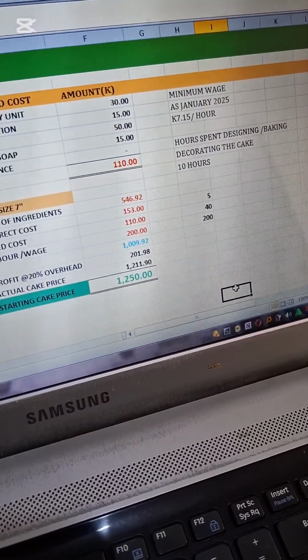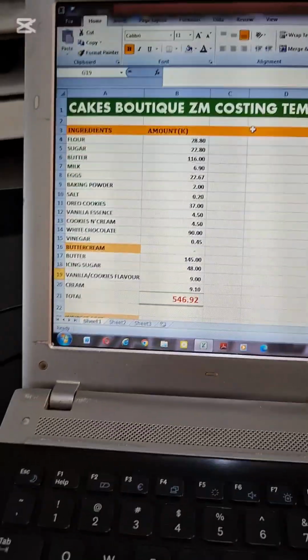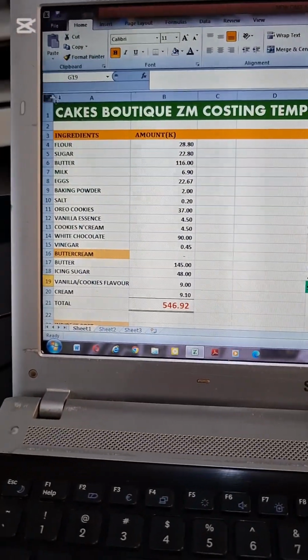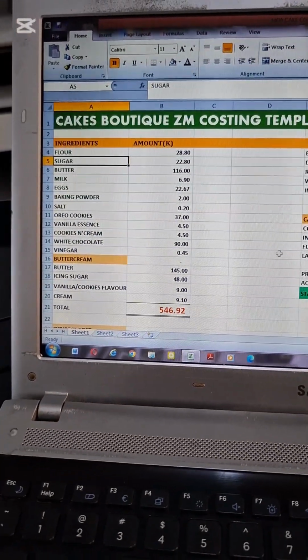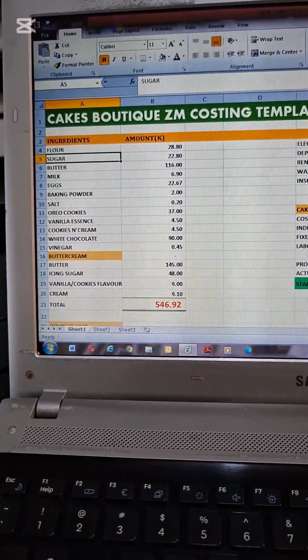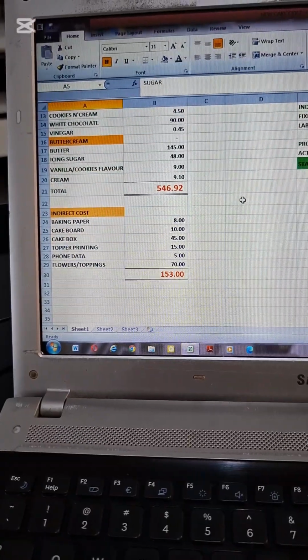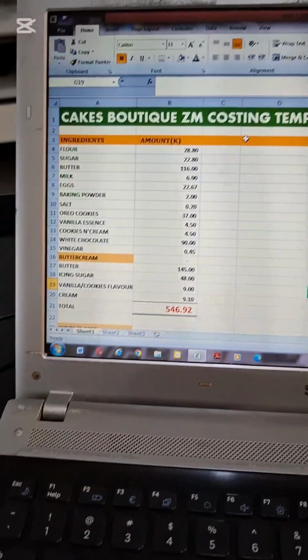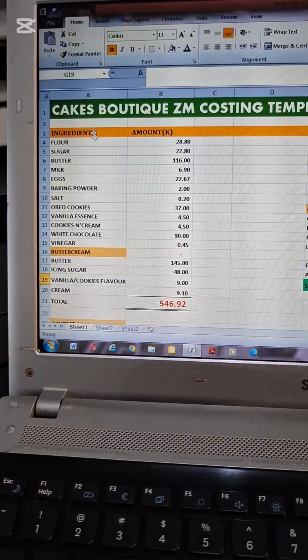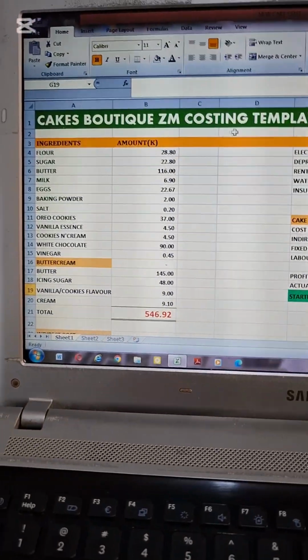And also for the profit, the 20% profit amount displayed here just serves as an illustrative example. It does not necessarily reflect what I personally charge. So profit margin may vary significantly, between 5%, 10%, 50%, depending on a specific business objective and growth plans.